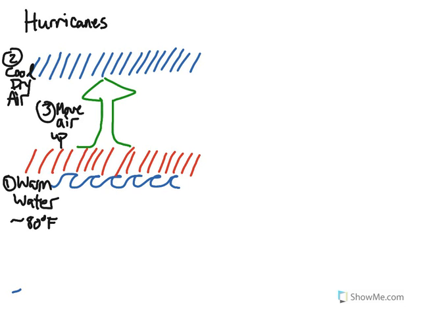Then the next thing that happens is when this warm, wet air from down here reaches the cool, dry air, the water vapor inside of the air condenses. And when it does that, it releases something called latent heat. The inverse process of this happens when you're boiling water on your stove.